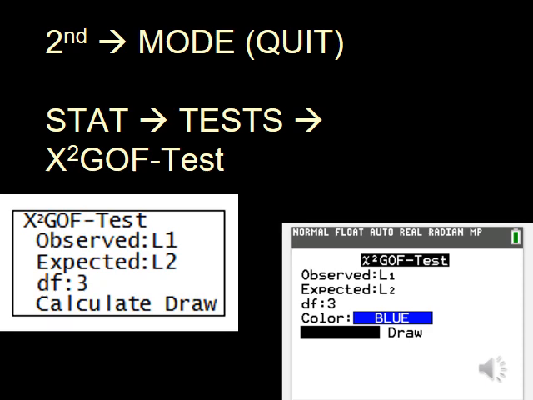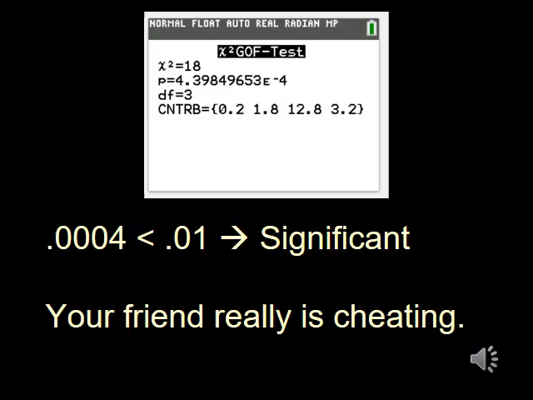I actually put 2 different screenshots here, and that's because exactly what you would see on an 84 looks a little bit different depending on how new of an 84 you have, but everything except that color line is basically the same. This is what the results screen looks like. If I were asking this question on a test or quiz, at this point I would tell you the p-value is 0.0004.